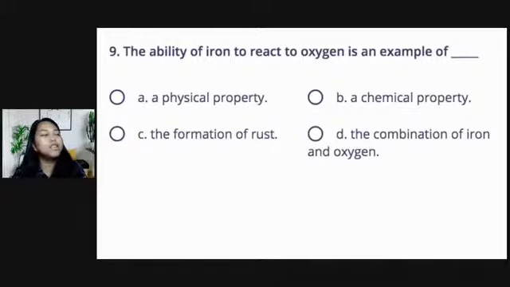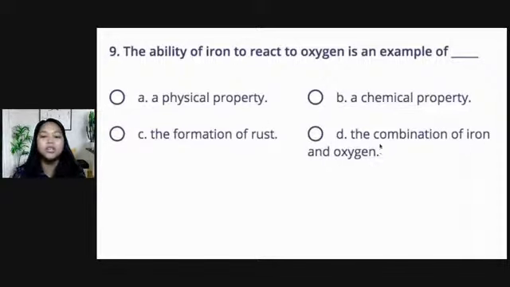Okay, ano kaya yung tamang choice for number 9? The ability of iron to react to oxygen is an example of which? Physical property, chemical property, formation of rust, or combination of iron and oxygen. Parehas naman itong C and D nyo, no? When rust is formed, it is because your iron and oxygen have combined.